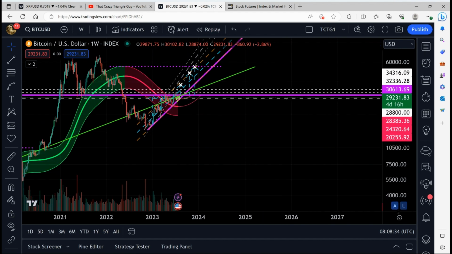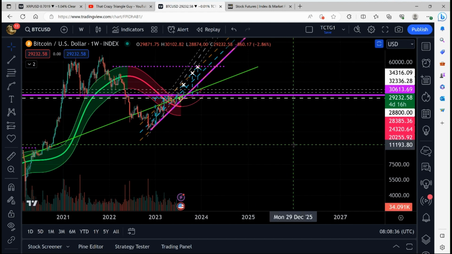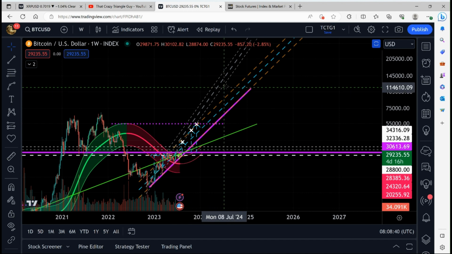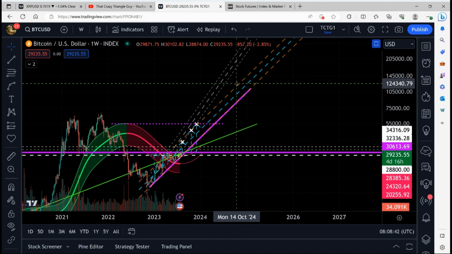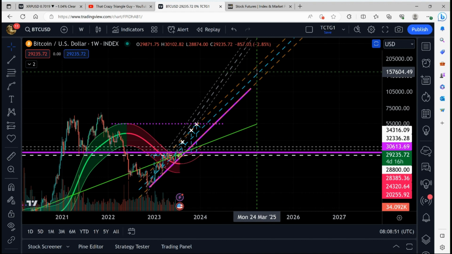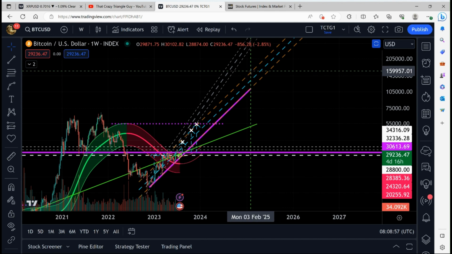Let me turn the auto off so I can get up there. I think we'll be coming way up here in this range into a year, a little over a year from now, between 125 and 200,000 up here. That's at 150,000.